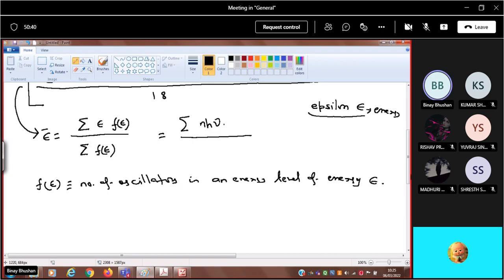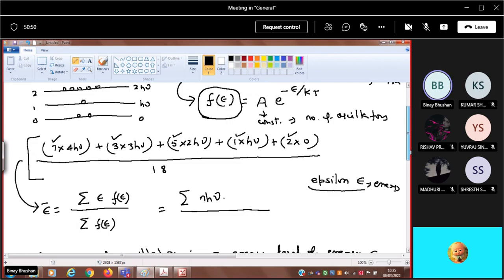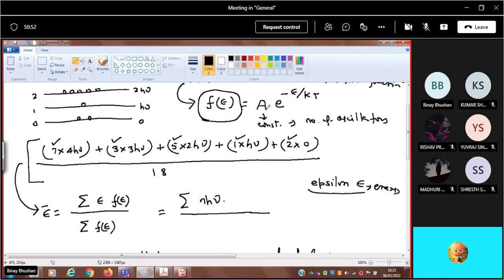तो अब ये कितने के बराबर हो जाएगा? ε is nhν, that is the energy of an oscillator according to Planck's formula. And f(ε) is this, ऊपर में. So this will be equal to A, then e to the power minus epsilon, and epsilon is once again nhν by kT.